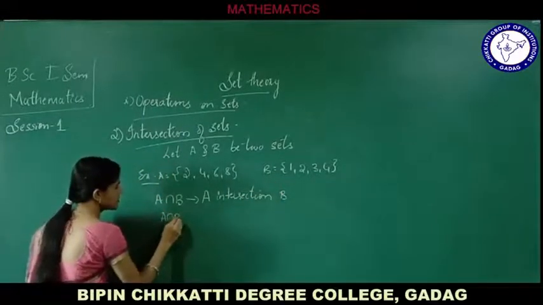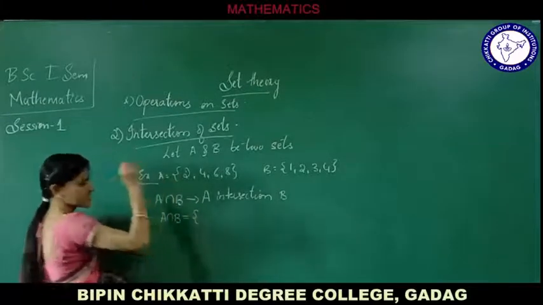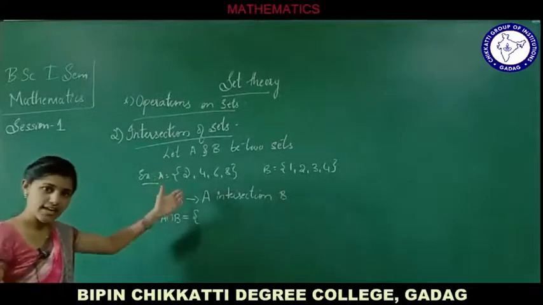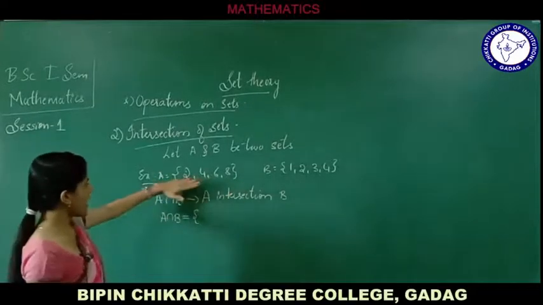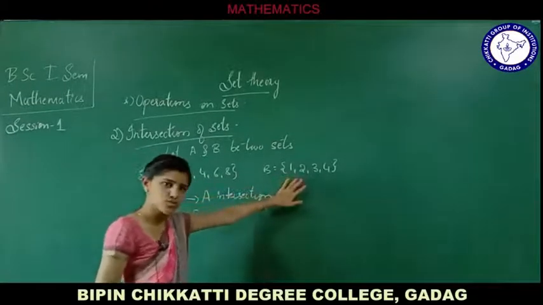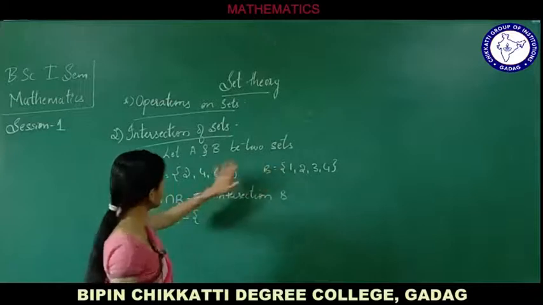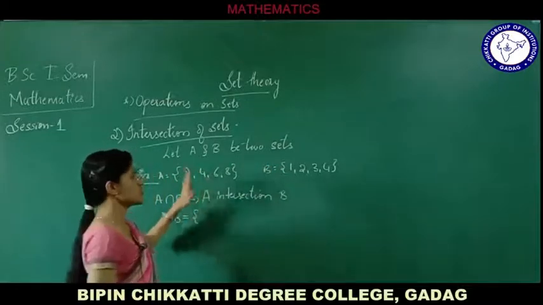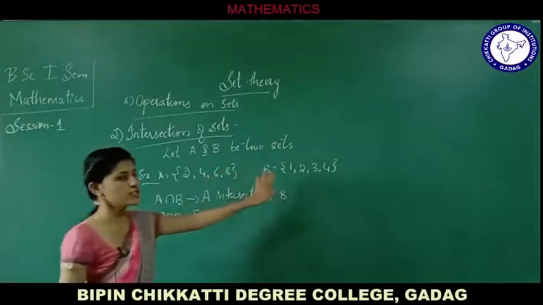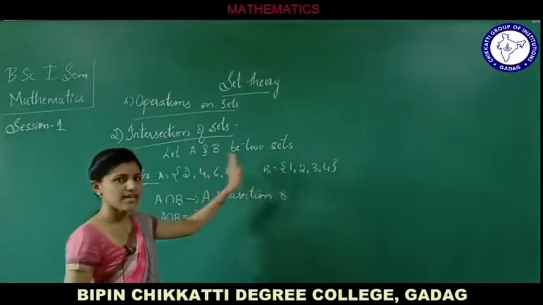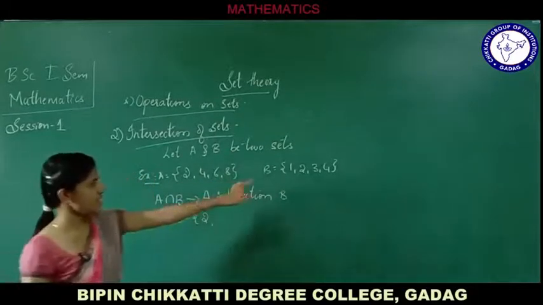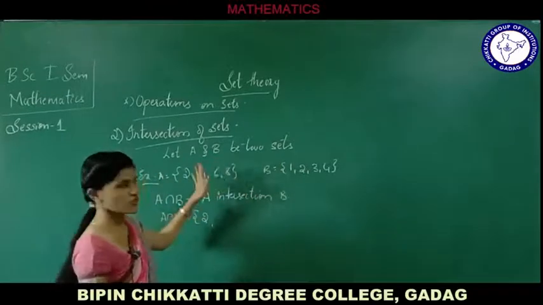A intersection B is equal to, I defined that the elements should belong to both A and B. Do I have 2 here in set A? Yes, I have 2 here, but do I have 1 in set A? No, we do not have it. So we cannot write 1 in A intersection B, whereas I can write 2 because 2 is present in both A and B. Next, here I have 3, but I do not have 3 in A, so we cannot write it.